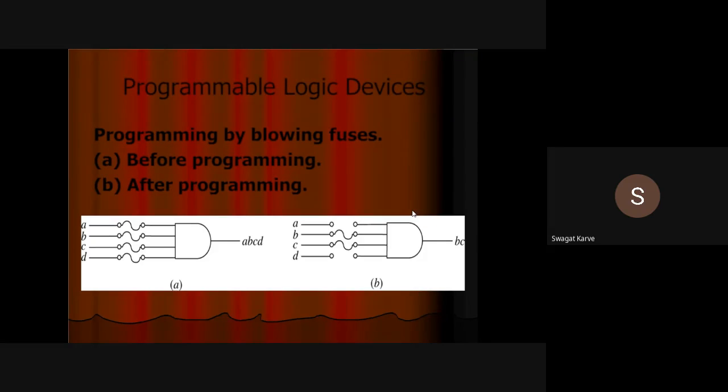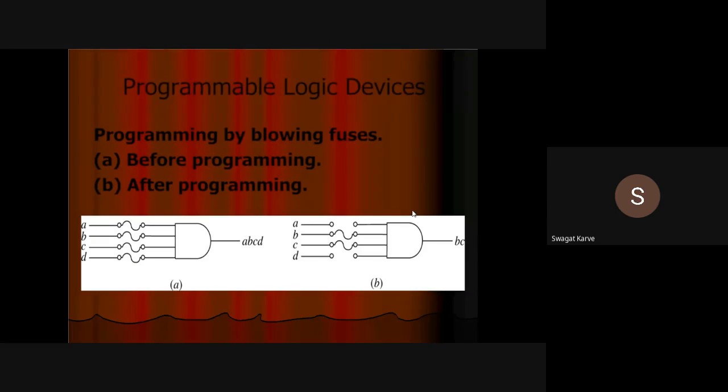Now this is what programming means. Before programming, in diagram A, you have some logic gates with their fuses connected. After programming, if you want to use only B and C inputs, then you can remove the rest of the inputs and only B and C are connected to the final gate. So it's programming, depending upon your application.